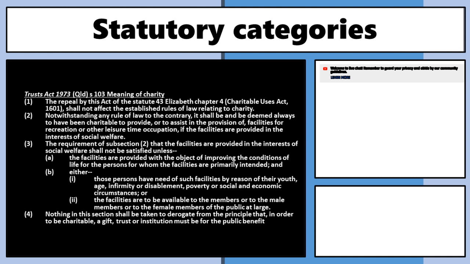They will bend over backwards if you can demonstrate that this is going to stop either the federal or state government from having to pay for stuff. And this is particularly relevant for the first limb and the relief of poverty. That's why when we talk about relief of poverty essentially having no public benefit test, or if it does, a very, very low bar.